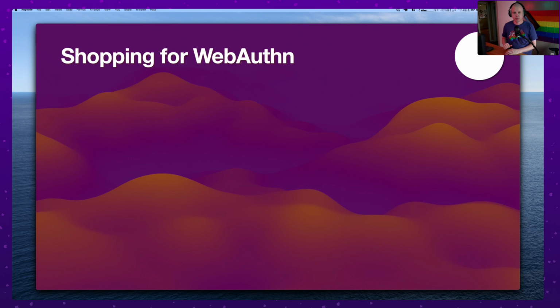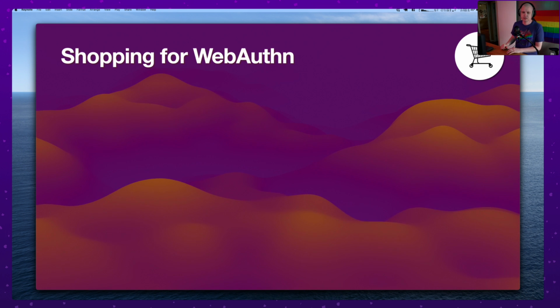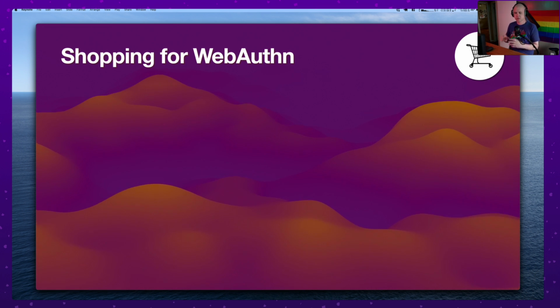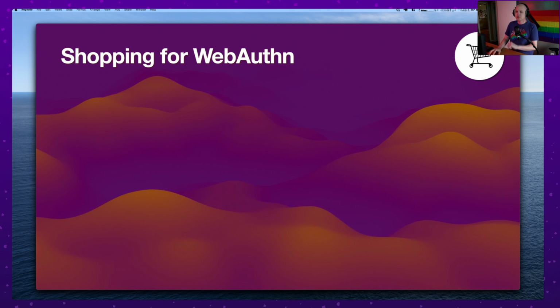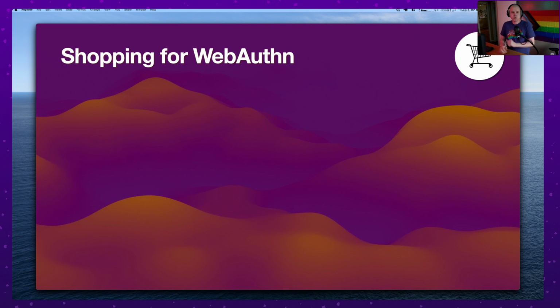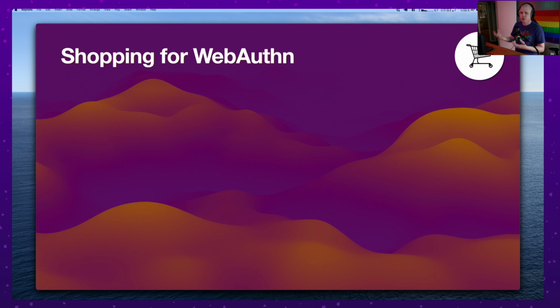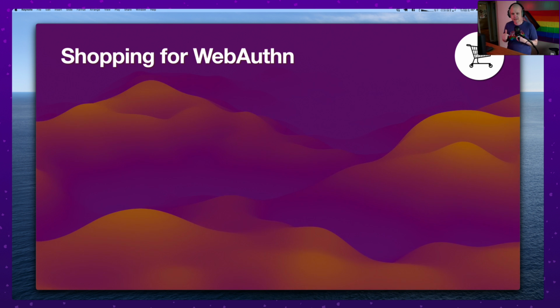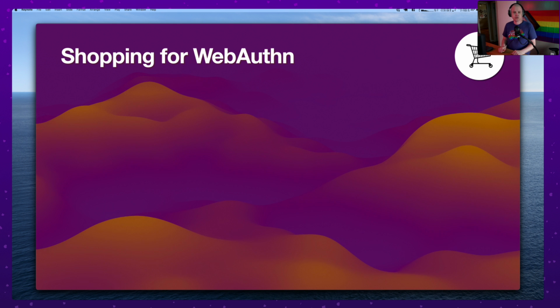So I do think I'll probably be adding some illustrations at some point to make sense of all those terms. If you want to add WebAuthn to a Phoenix application, you probably want to start by shopping for existing code. You don't want to have to start from scratch.